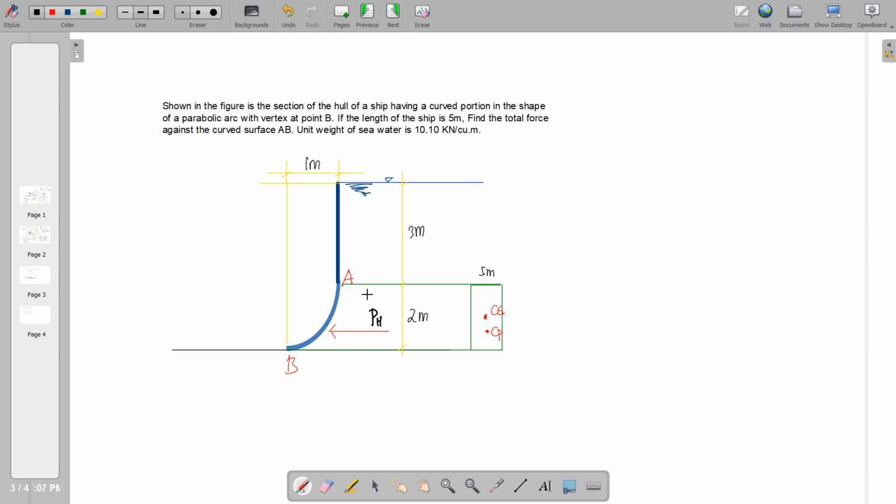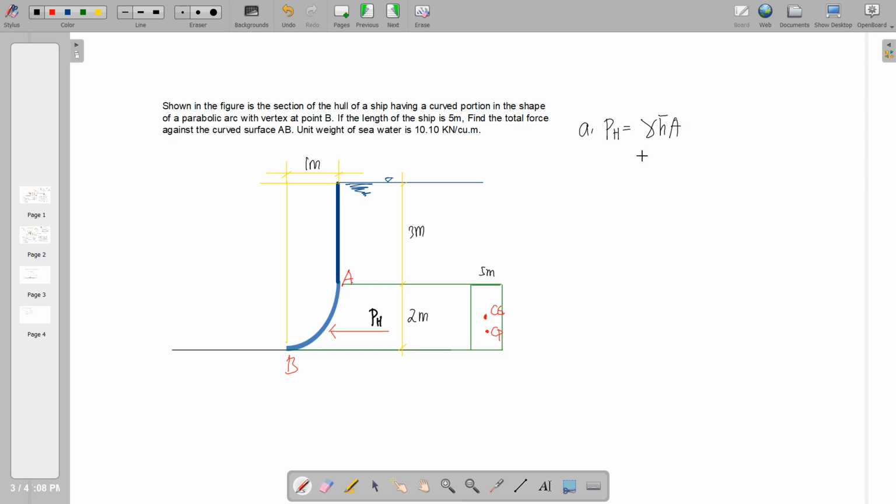Notice the direction. The direction is from the liquid towards the curved surface. So this is the liquid, this is towards the gate or the curved surface.